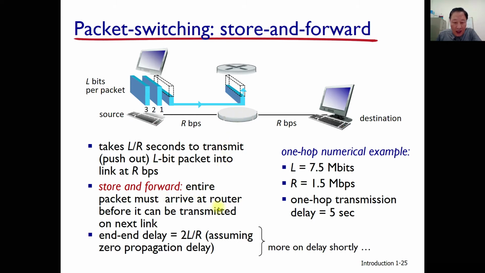The entire packet must arrive at the router before it can be transmitted on the next link, because there may be many different kinds of links, and even though we are using a single line, there is a sequence of data stream, and that should be stored first before transmitting to the next destination.